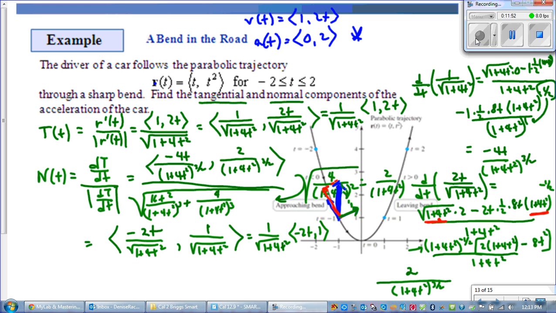Well, the formula wasn't just a dot product. The a sub n is actually the length of that normal vector. So remember, the scalar projection of a onto n is a dot the normal vector over the magnitude of the normal vector. But remember, the magnitude of the normal vector is 1. So this is the same thing as just a dot n.